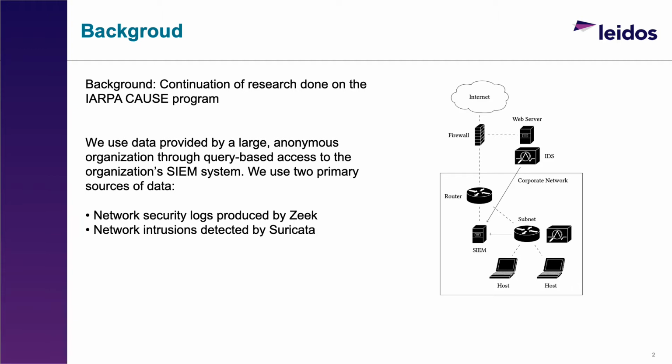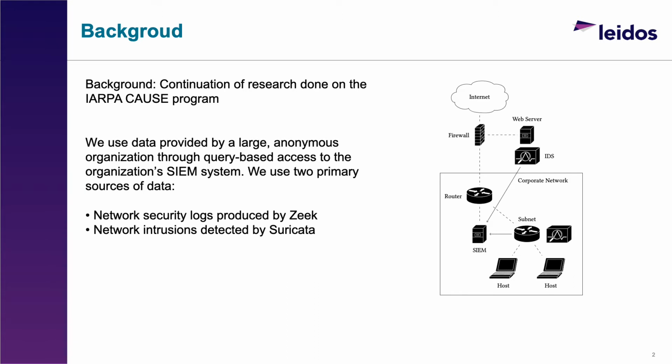As part of the CAUSE program, we were provided data from a large anonymous organization, and we were able to define queries using the organization's security information and event management system. And for this work, we used two sources of data.